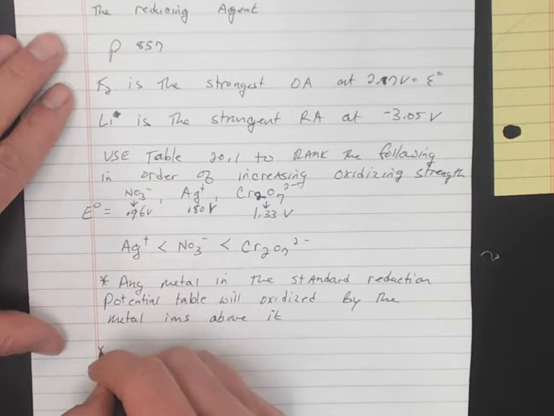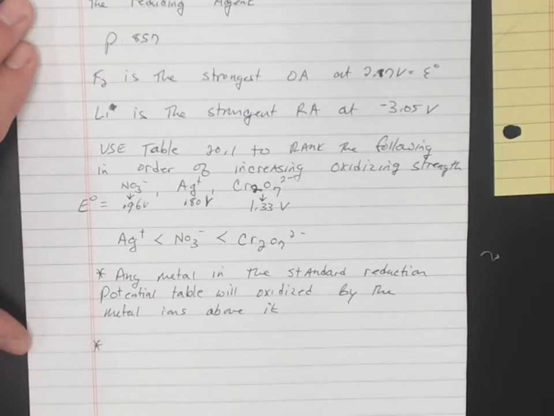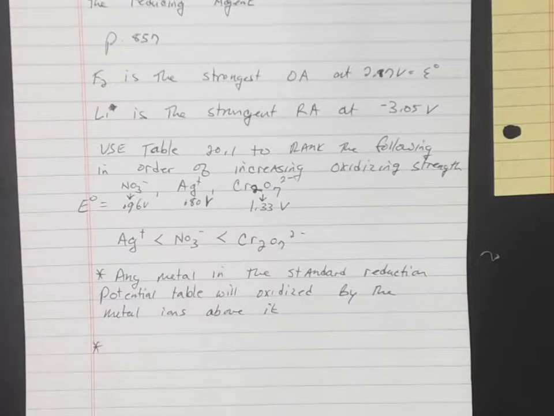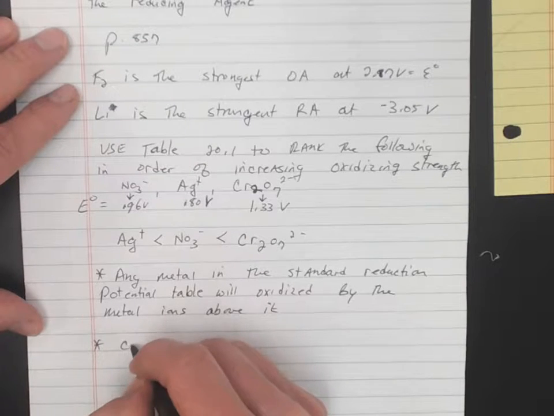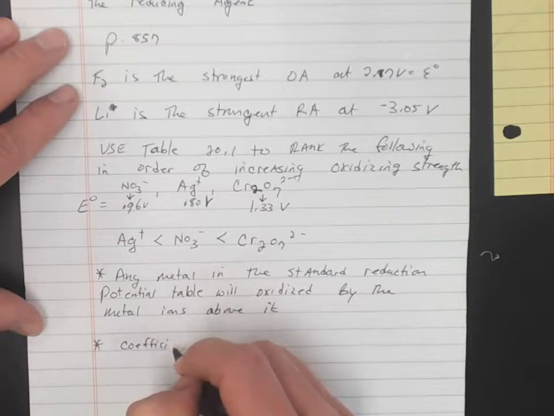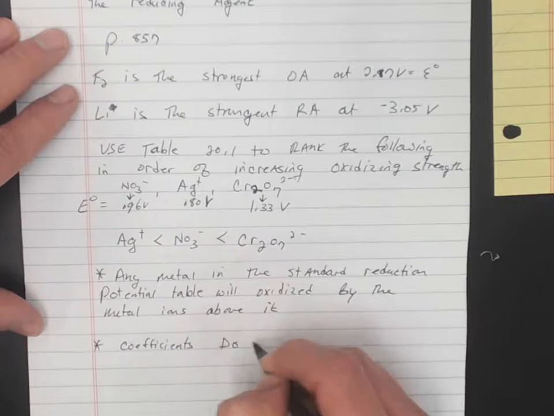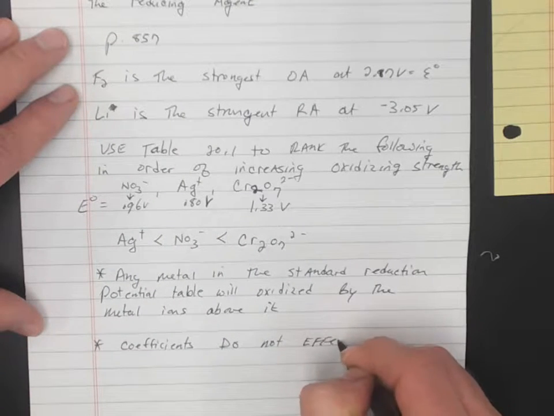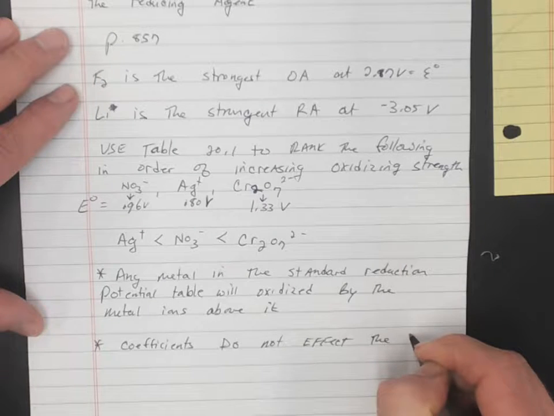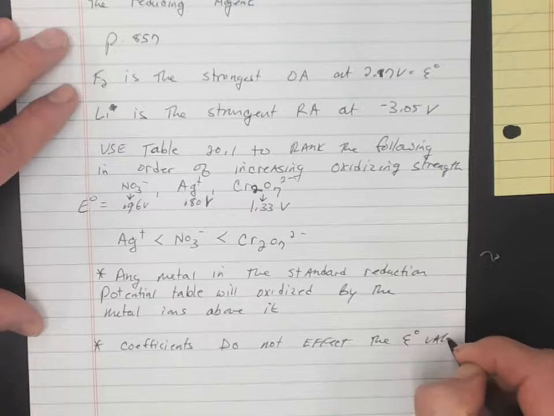And the other thing that's important to know is changing the coefficient of a half reaction will not affect the standard reduction potentials. So coefficients do not affect the E naught values.